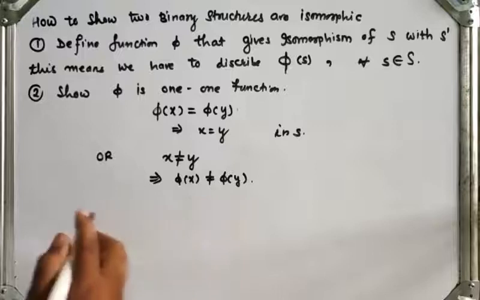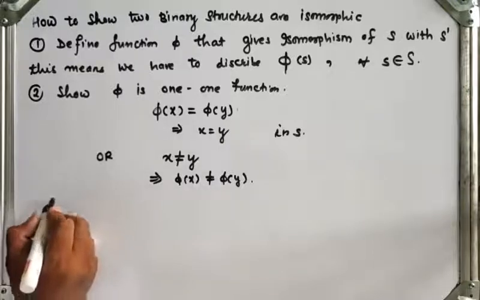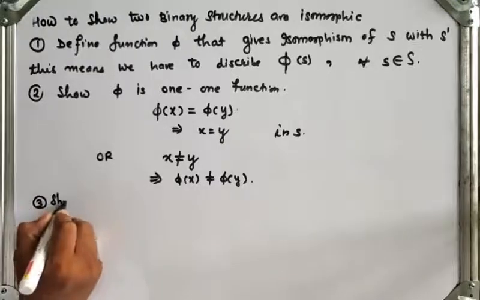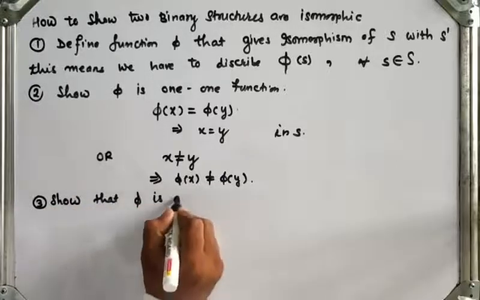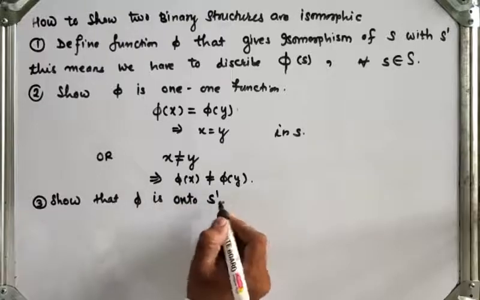And third, to show phi is an onto function. Third, show that phi is onto S dash.